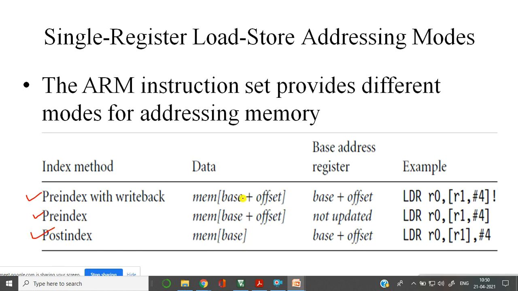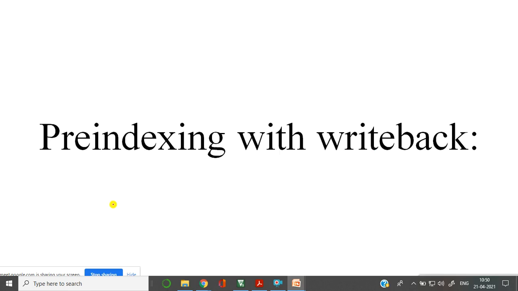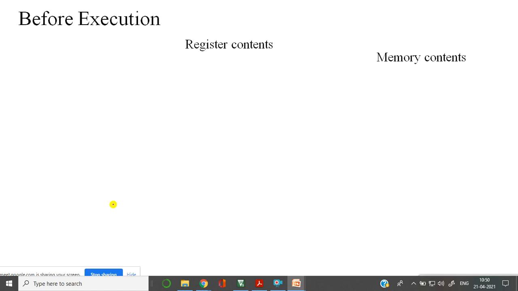These are the three different types. The memory address will fetch the content from the base address plus the offset that you have provided, and then it writes back the particular address in the R0 register. So we'll see this explanation one by one with the example directly.